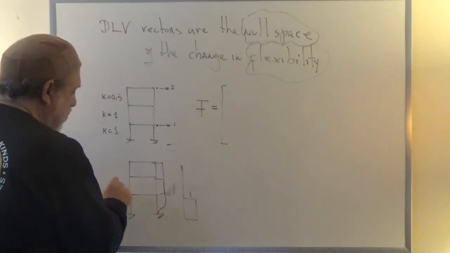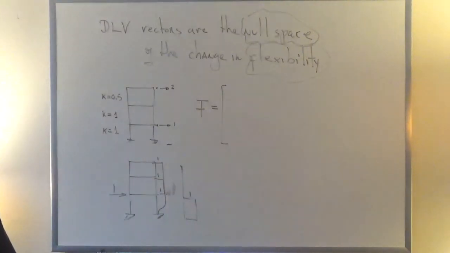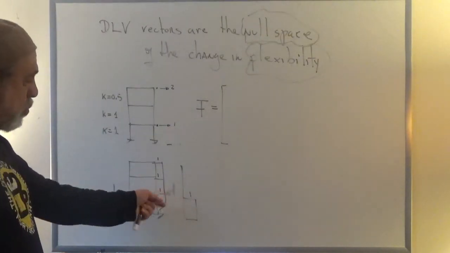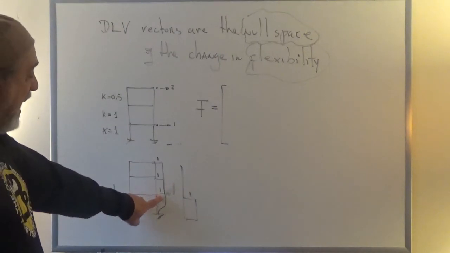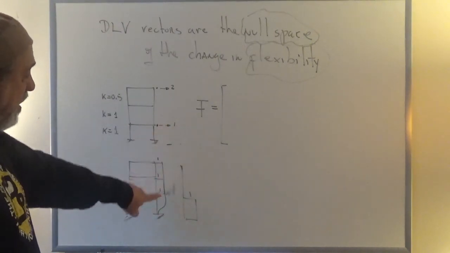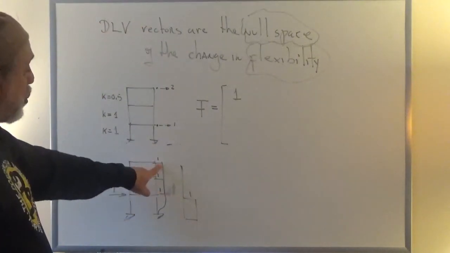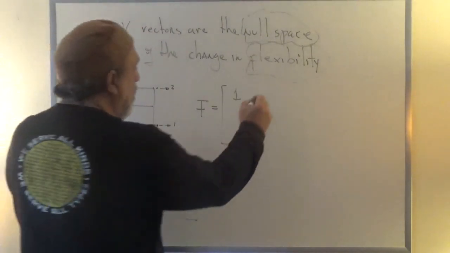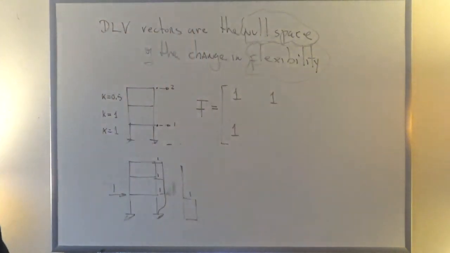So if I push this with 1, the first floor will distort 1, the other floors don't distort, they just go to the right. So F11 is equal to 1. And F21 is equal to 1, which is the same as F12. Right?